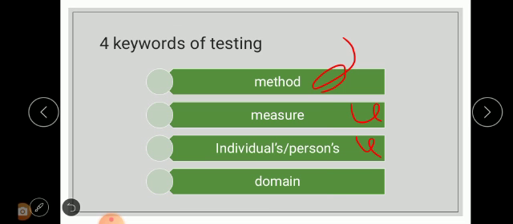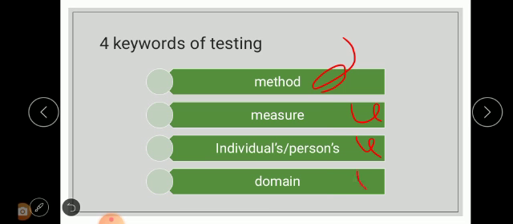In testing, we will measure an individual or person, every single test taker's comprehension or skill. So it is not a group, it is not a community, etc. It should be an individual or person that is measured in the testing activity.